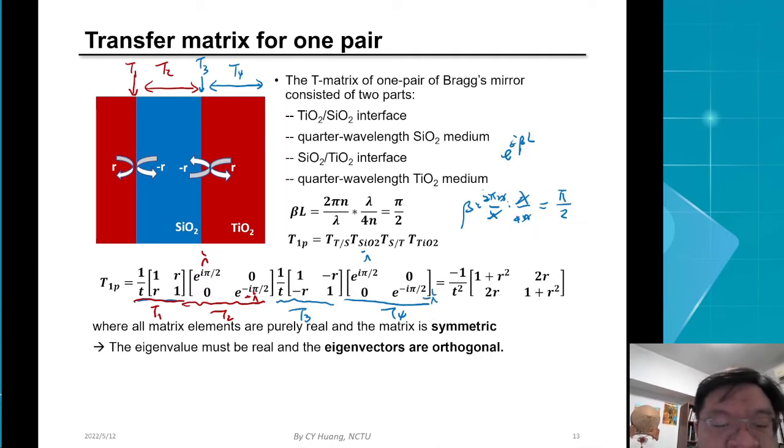Since the reflectivity here and here is different, in negative value, we just write the plus term as R and the minus term as minus R.